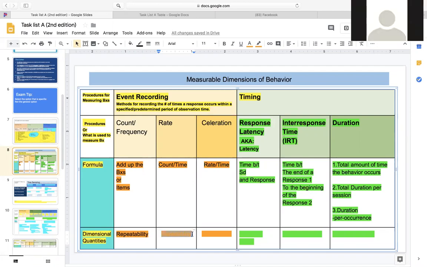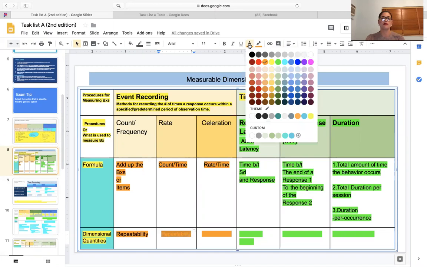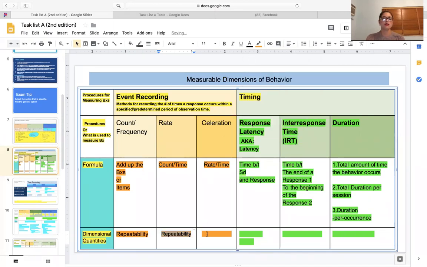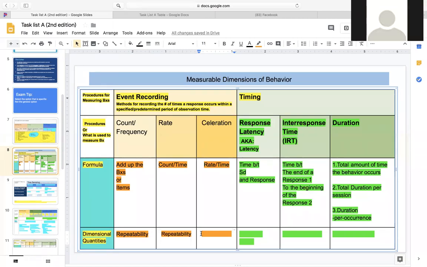Repeatability. And which one goes with acceleration? Repeatability. So a tip for the test: if you bundle them together, you know that event recording has 3, count, rate, and acceleration. And they're all what dimensional quantities? Repeatability.